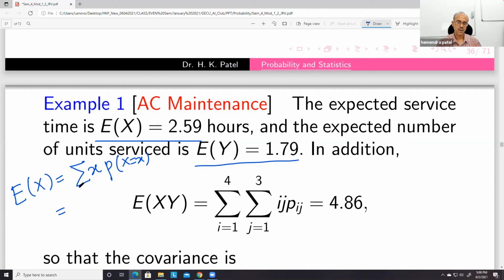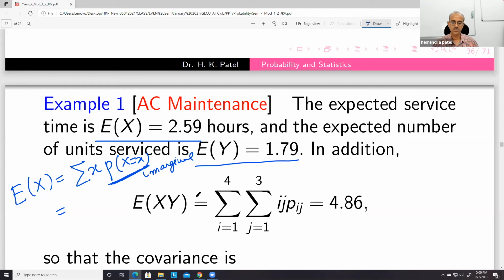And this P(X = x) is obtained with the help of the marginal.